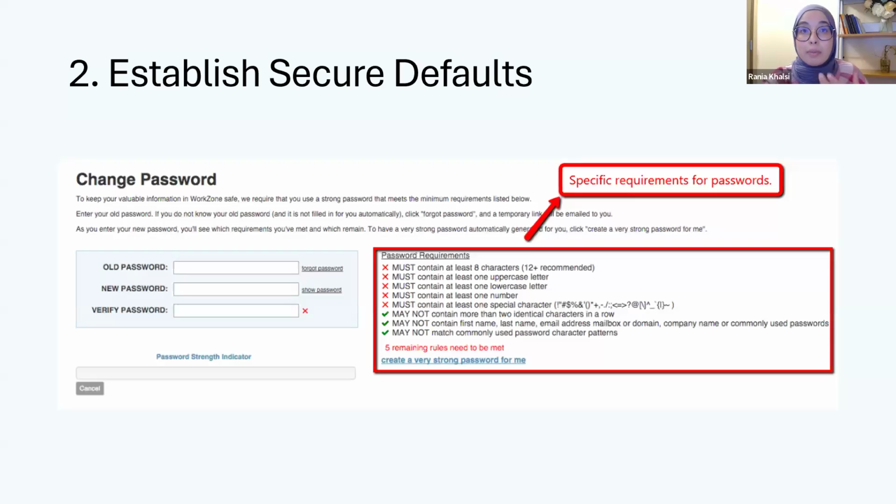For example, the password must contain, as we see here, a minimum length, and include uppercase, lowercase, numbers, special characters, and so on. So the user does not have to decide what a strong password is in this case. The system defines that for them.